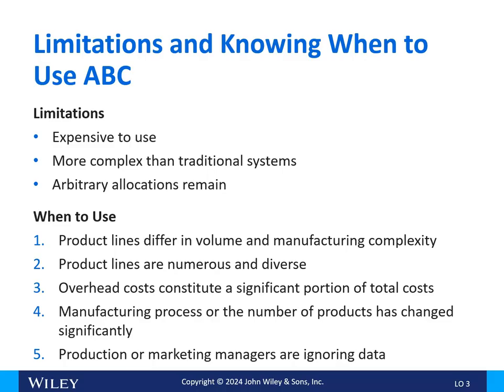Limitations in knowing when to use ABC. So some of the limitations are it's more expensive to use, and it's more complex than traditional systems. So as we have more cost pools and more cost drivers, we have to track those and make sure we have the right allocations, but we also end up with arbitrary allocations, just like we do with traditional systems.